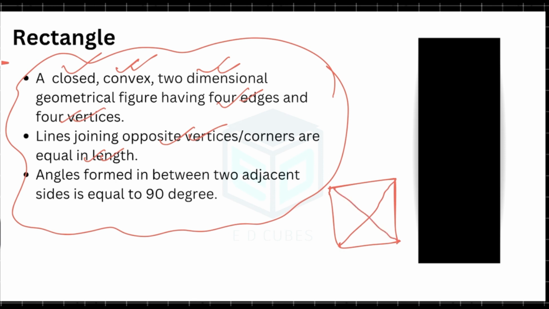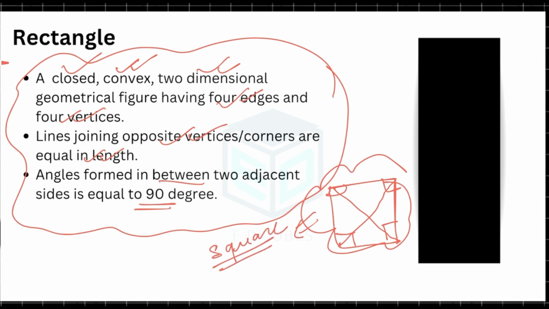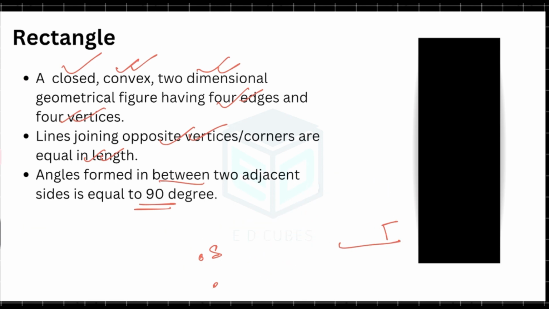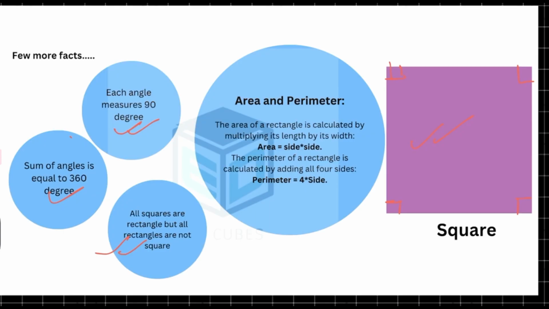Angles formed between two adjacent sides are equal to 90 degrees. Yes. This is a square as we discussed earlier, and this is a rectangle. That means if it is a square, it is compulsory that the figure is also a rectangle. But if it is a rectangle, it is not necessary that the figure is a square.